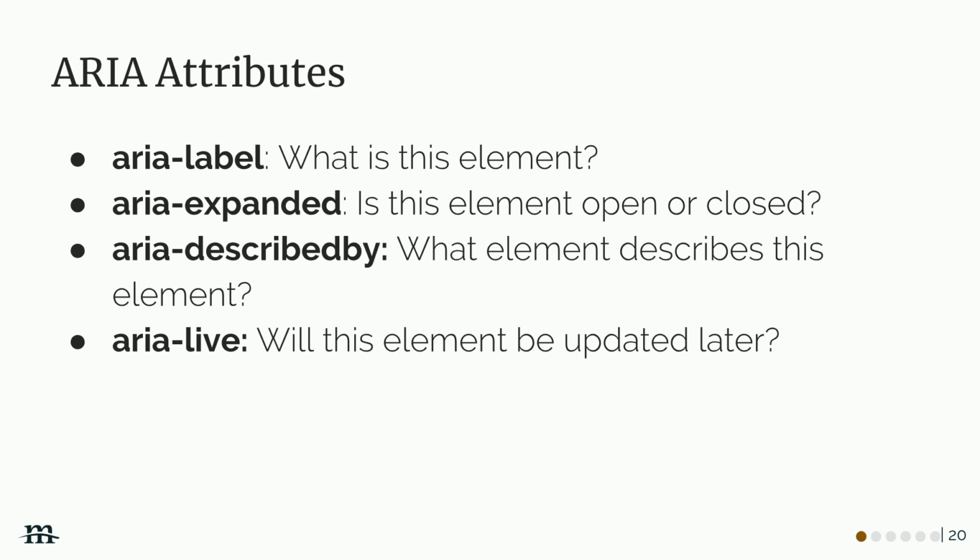The aria-describedby attribute, what this does, I have here what element describes this element. The common use case that I would use this for is if you have an input and you're going to display some error text with that input. You would put aria-describedby on the input, and you would point to the error text for that input.